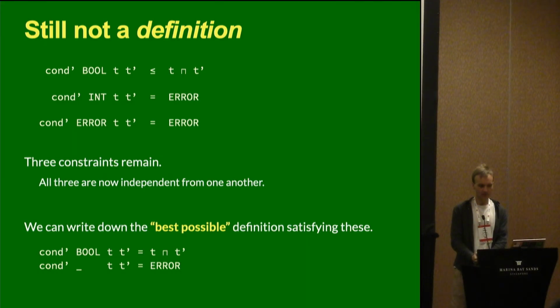So the answer maybe is not a very satisfying one, but there's a lot of flexibility. The best possible definition, I suppose, would be to always introduce a new type for every possible computation that you have, but that is a bit of a trivial solution as well. So you always want something somewhere in the middle based on your needs.